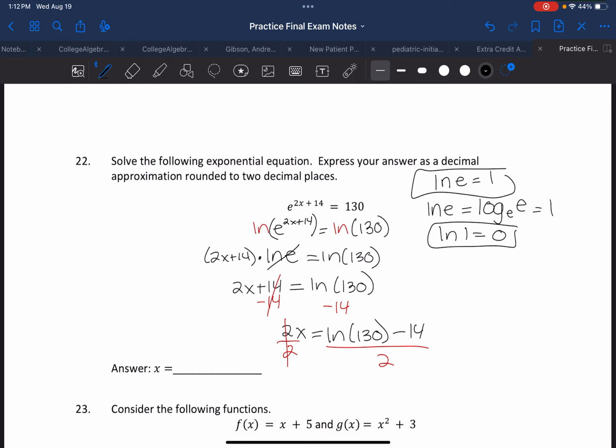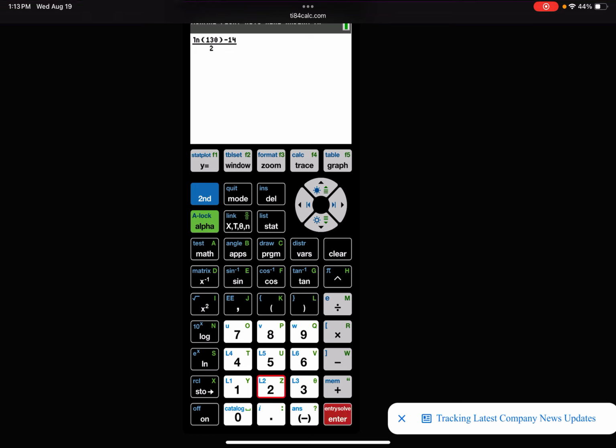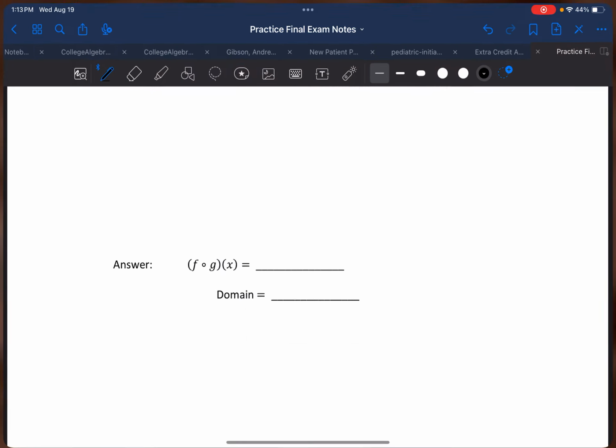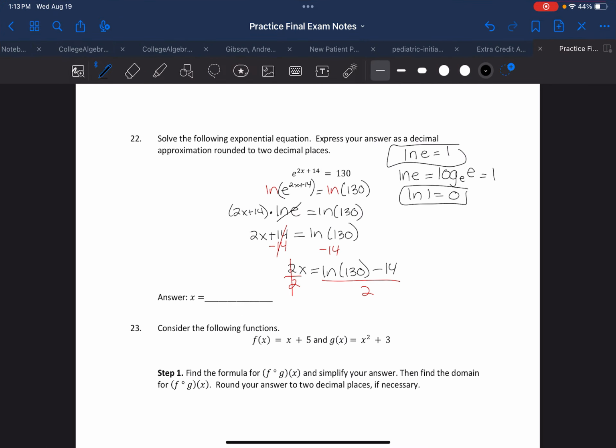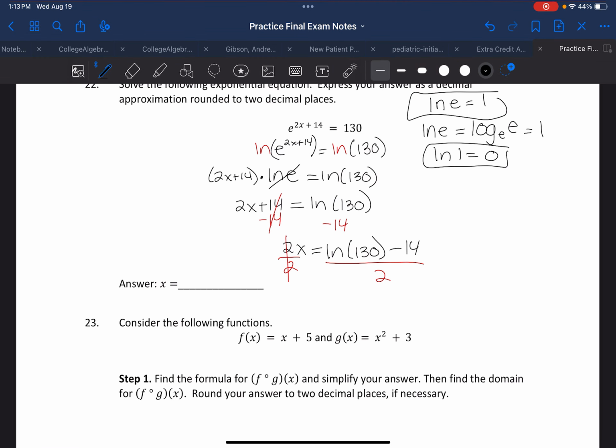So I would have ln of 130, close parentheses, minus 14 all over 2. Hit enter. So that is equal to that decimal. And they want us to round to 2 decimal places. So that's negative 4.57.